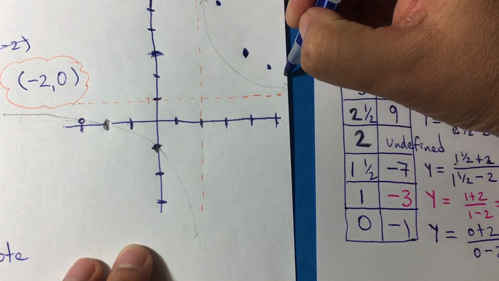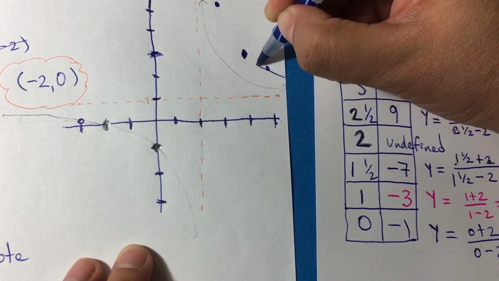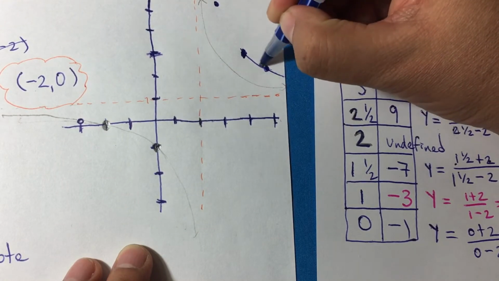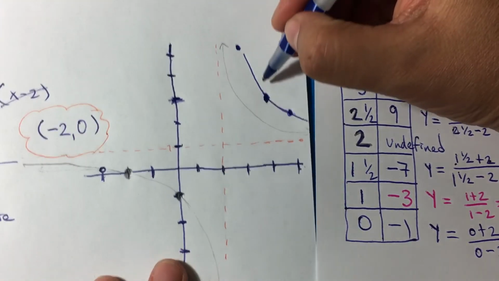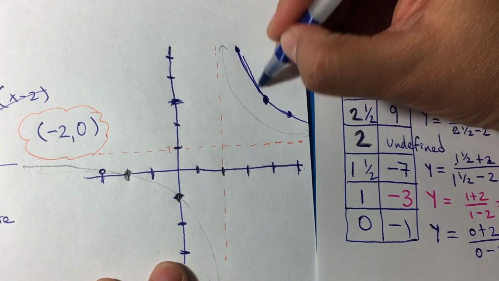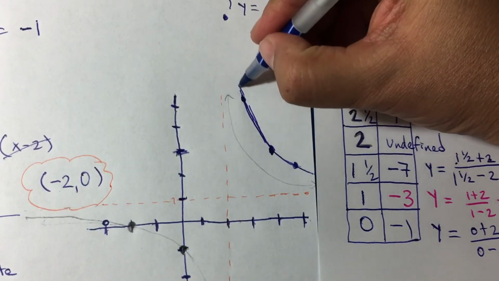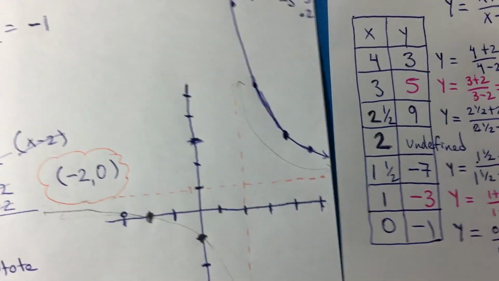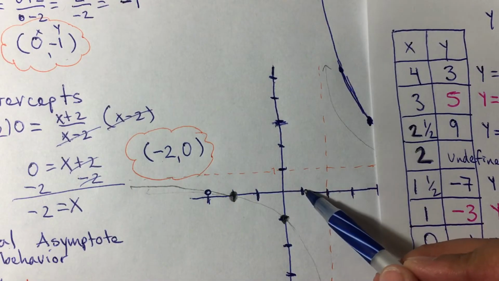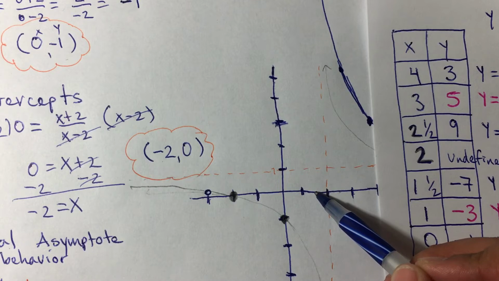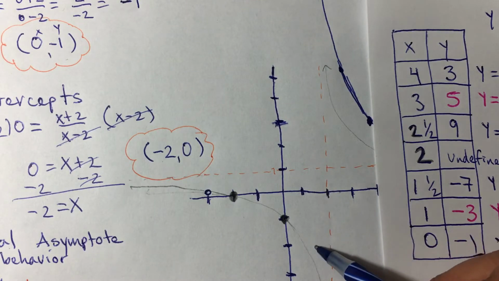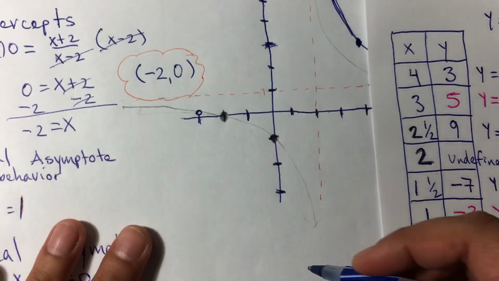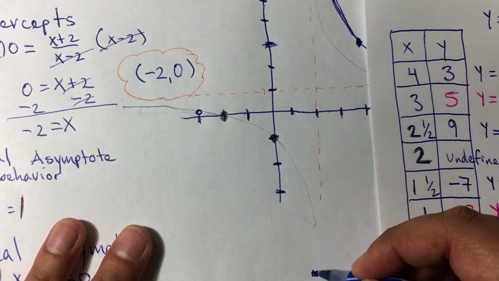Okay, so your graph is actually up a little more than what we had it. And so these are more specific points. On the other side, so 1.5, -7 will be 1, 2, 3, 4, 5, 6, 7, somewhere around here.